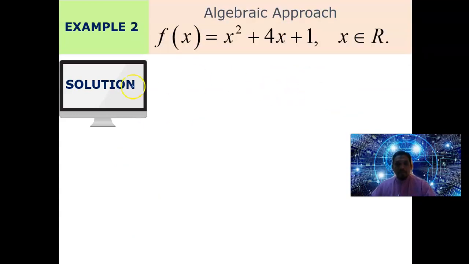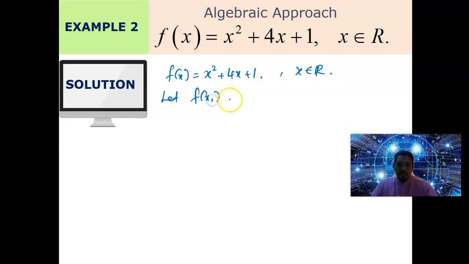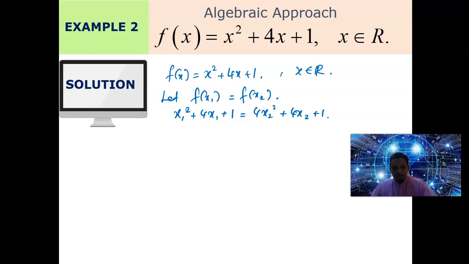Okay, so now for f(x) equal to x squared plus 4x plus 1, where x is an element of real numbers, let f(x1) equal to f(x2). So x1 squared plus 4x1 plus 1 equal to x2 squared plus 4x2 plus 1.